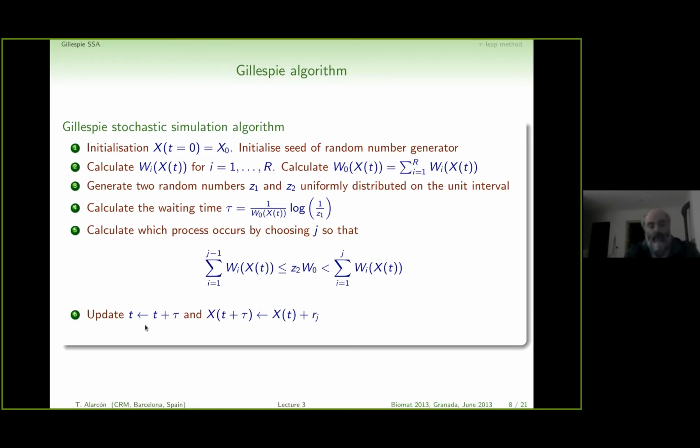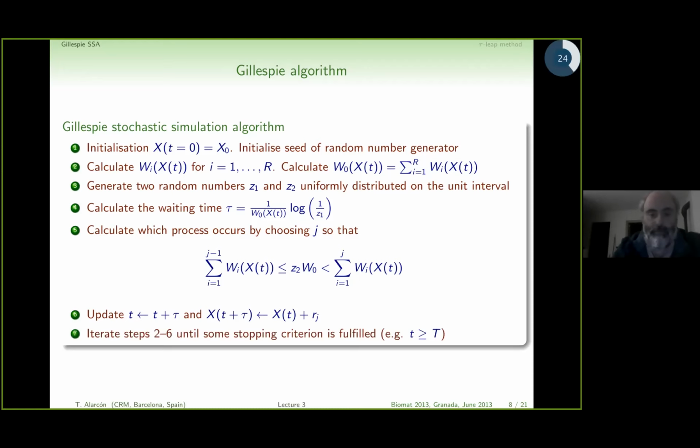So you update t to be t plus tau, which is this random number here, and then you update the system so that x of t plus tau is whatever x(t) was plus the change in the state of the system associated with the process that has been chosen by the Gillespie algorithm.